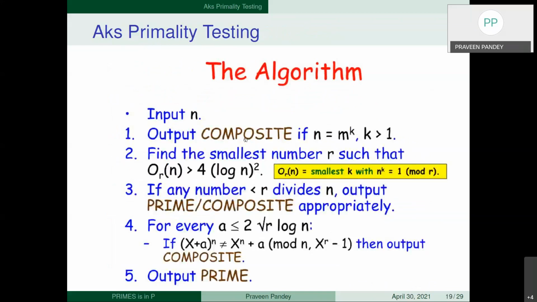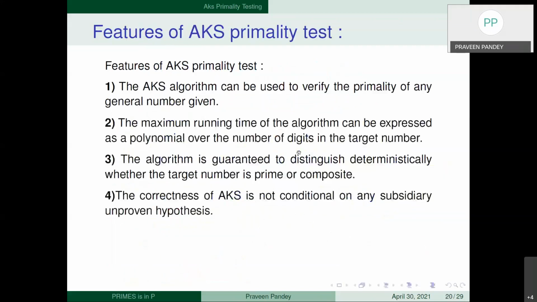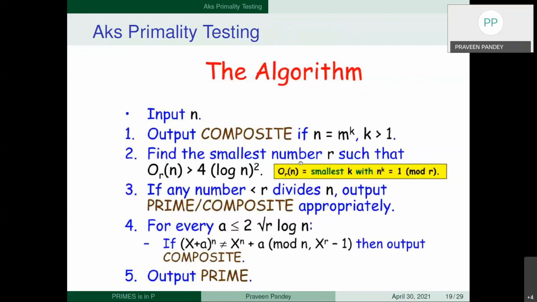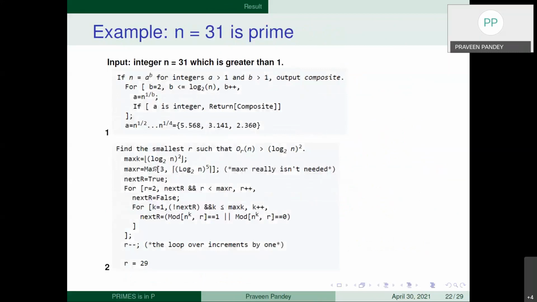For the 31 part, we first input n, then output composite if n is equal to m raised to the power k. This is done in the first step. Then we find the smallest number r such that the order of r is greater than 4 log² n. We do this in the second part, and we found r as 29 for n equal to 31.